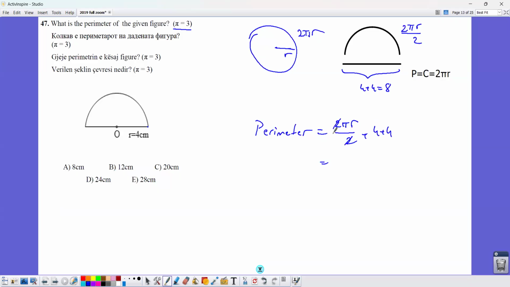These 2 and these 2 will cancel each other. Pi is given as 3 times r is given as 4 plus 8. So this is 12 plus 8, which is 20. So the result is 20 centimeters.